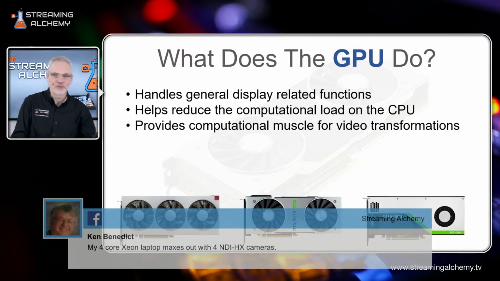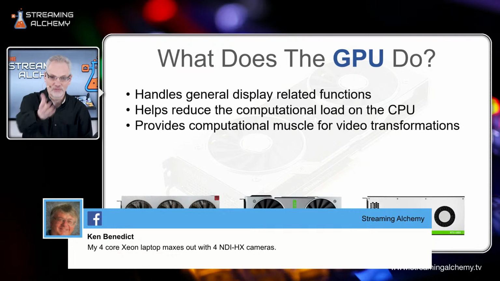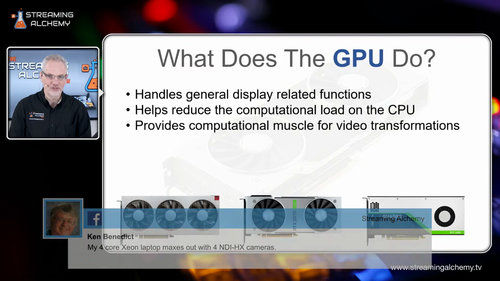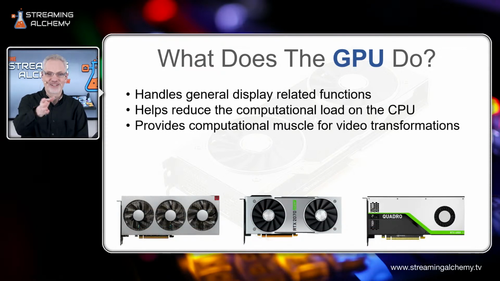And this computational muscle of, Ken, he's talking about his 4-core Xeon laptop maxes out at 4 NDI-HX cameras. Yeah, NDI-HX is a funny beast. And I think to a certain extent, NewTek is backing away from the approach they took, because NDI-HX2 is much closer in architecture and design to full NDI, even though I know that's not something NewTek promotes as the way to describe it, but high bandwidth NDI.